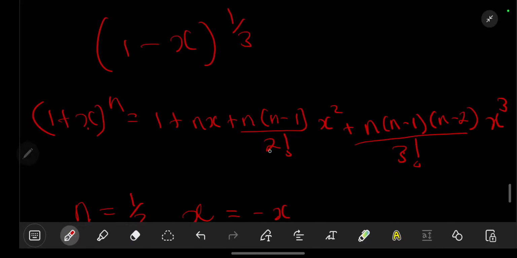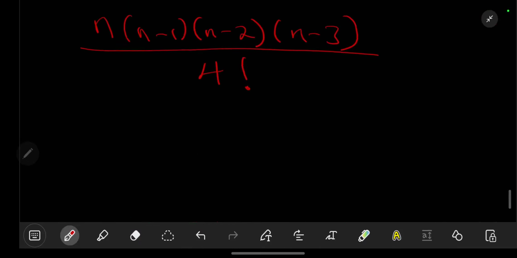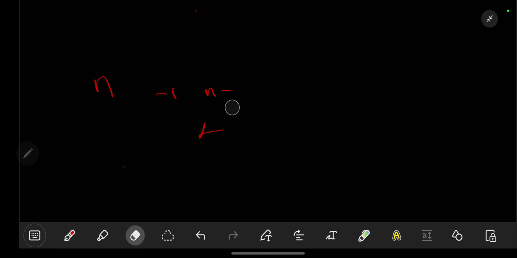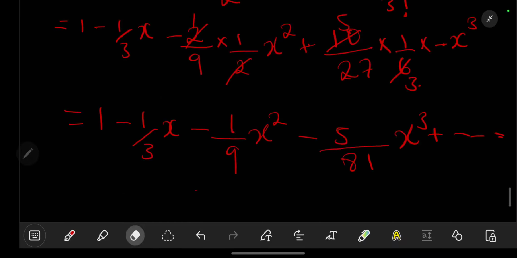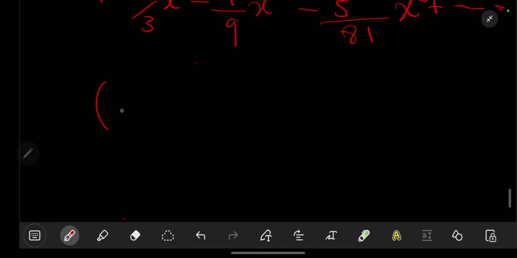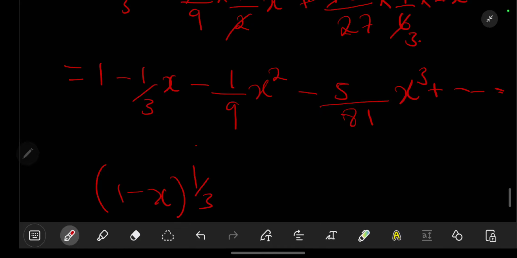N minus 1 is with 2. N minus 2 as the last number is with 3. So the next one will be n minus 1, n minus 2, n minus 3, then over 4, like that. So mostly if you are told to expand, just end there and say plus dots, dots, dots. So these dots are important to show that it is continuing. So this is how you expand your 1 plus your minus x to the power 1 over 3. So the answer is this.